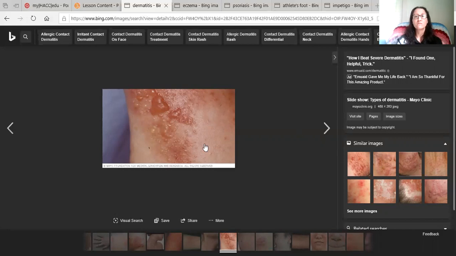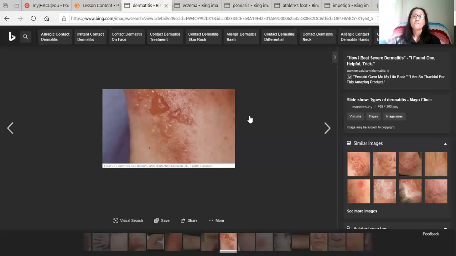Now, this is a pretty severe example of dermatitis, but there are many, many less severe examples. Like for example, somebody's allergic to a new shampoo that they're using or new dryer sheets that they're using, and they start to itch and their scalp gets red or their skin gets red where their clothing was.